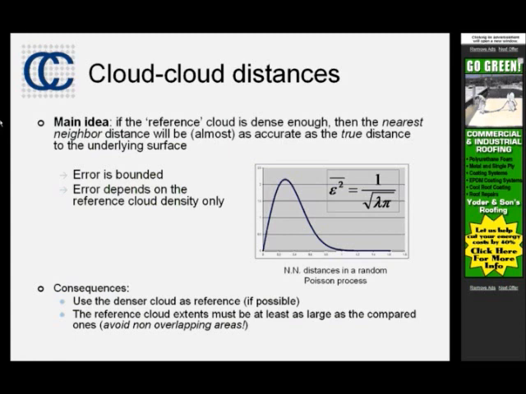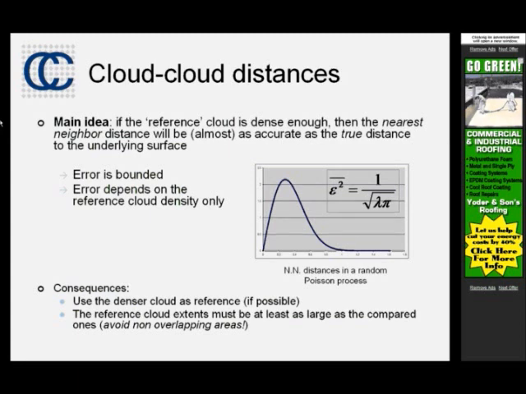And of course, the reference cloud should always be as large, at least, as the compared one. You really have to avoid non-overlapping areas, or you'll get high distances, which in fact don't correspond to any true difference.